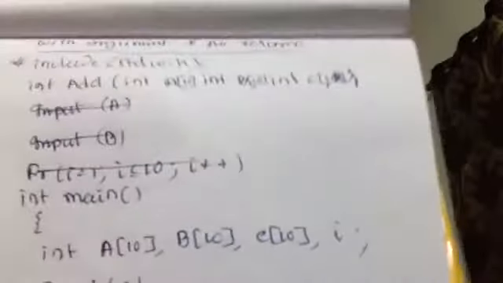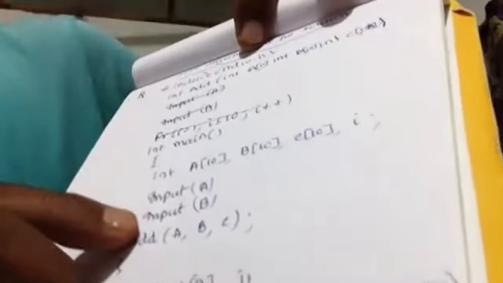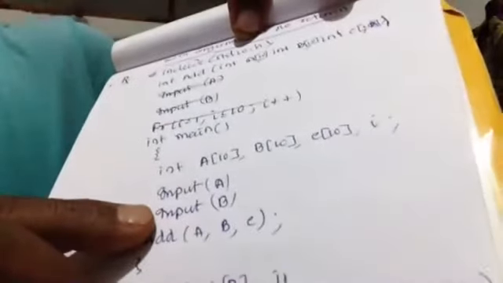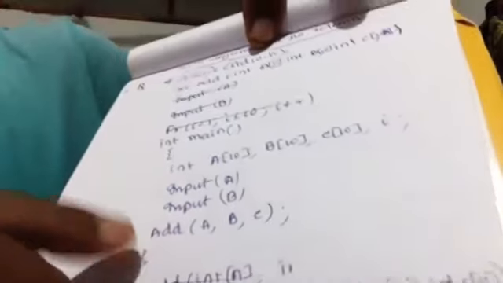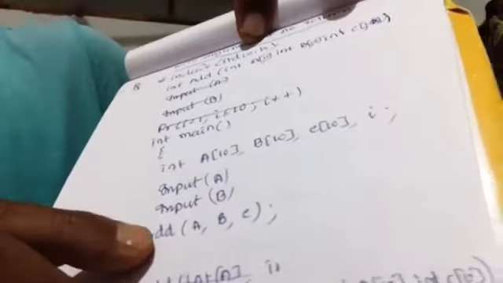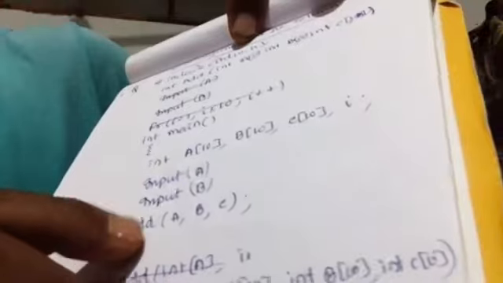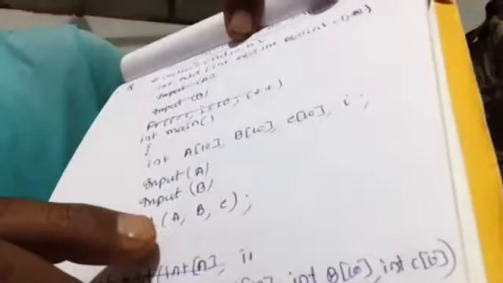It's clear. Now here you see, I declared an array, then input A and input B. I made it short form. You know how to input it, one dimensional array. Then I declared a function add with A, B, and C, because I have three arrays.